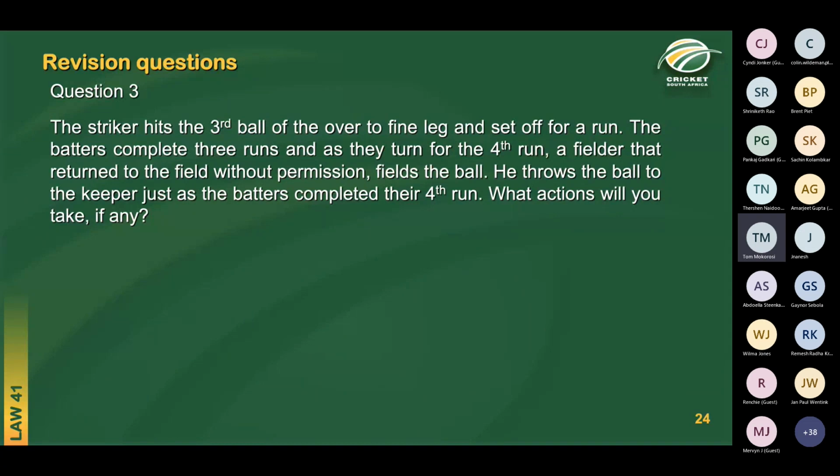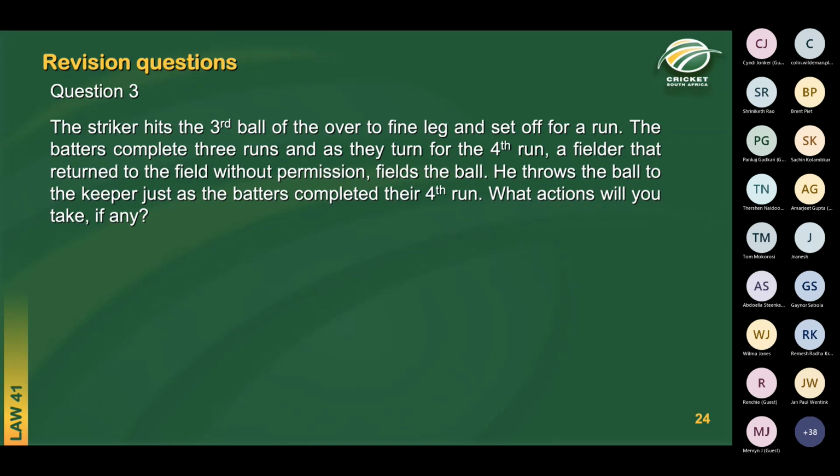We shall take the next hand and ask what other runs are added to the batting side. Hans, can you unmute yourself and give us the answer to what other runs are given to the batting side? Yes, good evening, Tom, Abdullah, and all the other members.